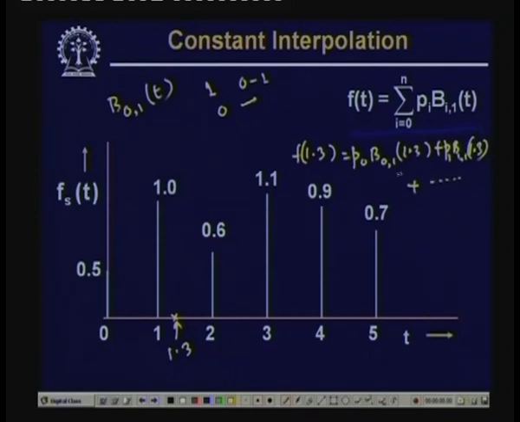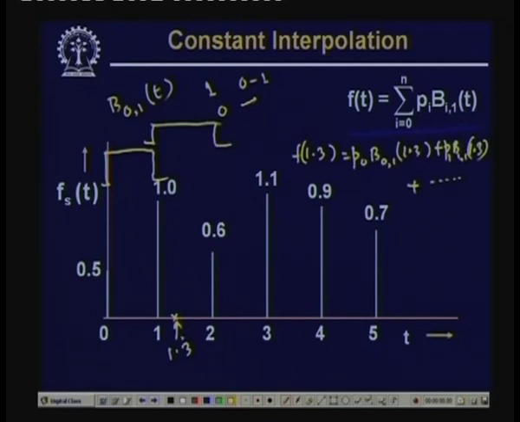Now, if I plot this b 0 1 1.3, just superimpose this on this particular sample data diagram, you find that b 0 1 t, the function is equal to 1 in the range 0 to 1 excluding 1. Similarly, p 1 b 1 1, the value will be equal to 1 in the range 1 to 2 excluding 2, and it will be 0 beyond this.